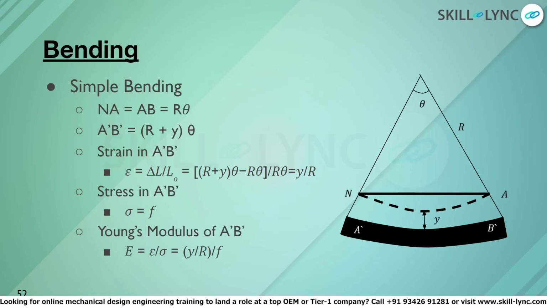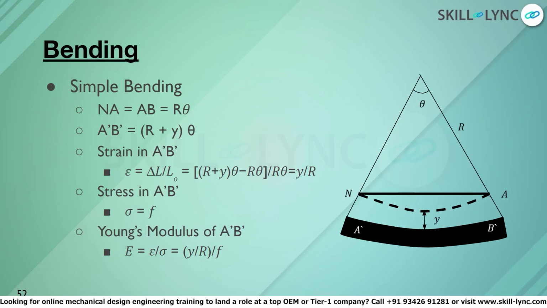So from that we can calculate r plus y theta minus r theta divided by r theta. So from calculations we will get the epsilon value as y by r, wherein y is the distance from the neutral axis to the bent section, which is A dash B dash.